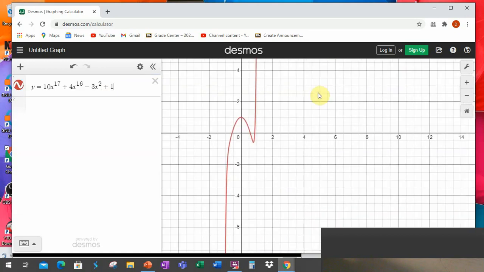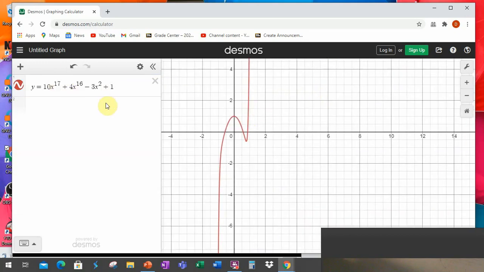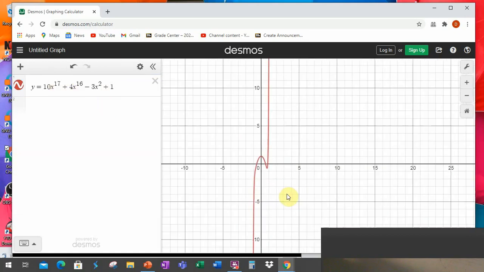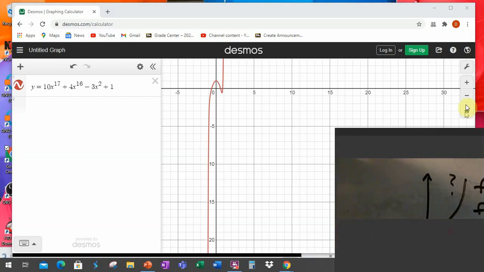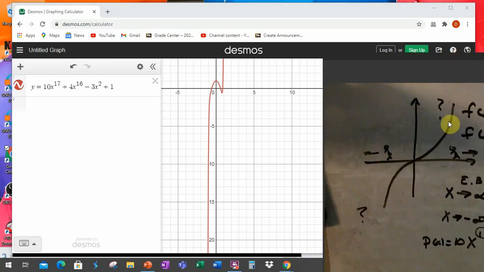Okay. So notice that this is the 17th, and if I zoom out, a lot of stuff's going on in the middle, but the end behavior as we're going out this way, we're going down, just like this, and then we go up.